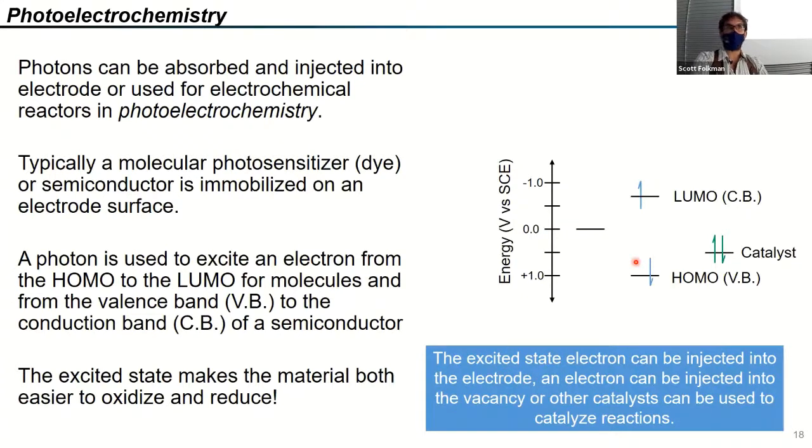So for example, if we wanted to do oxidative catalysis, for example, oxygen evolution reaction, from this excited state, the electron could transfer to the HOMO, and then we have the oxidized form of the catalyst, which can be used to drive our desired reaction. And then the electron from the LUMO can be injected into the electrode, travel to the other electrode, and complete our electrochemical circuit.